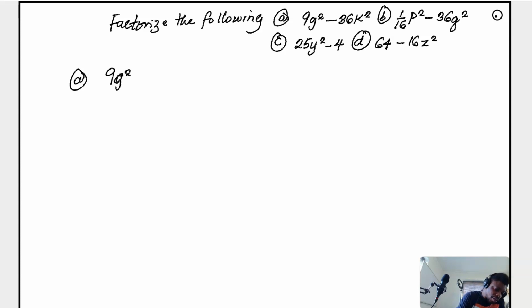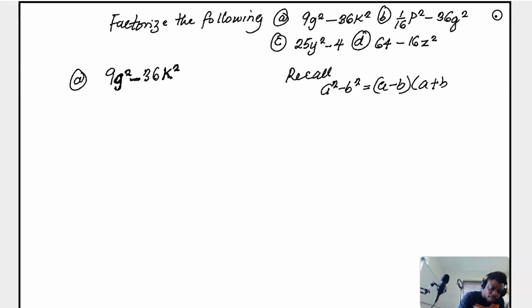So, 9g squared minus 36k squared. Remember, how many variables do you have here? g and k. These are two variables, g squared and k squared, and minus is here. That means it's difference of two squares. Recall, a squared minus b squared is equal to a minus b and a plus b, right?